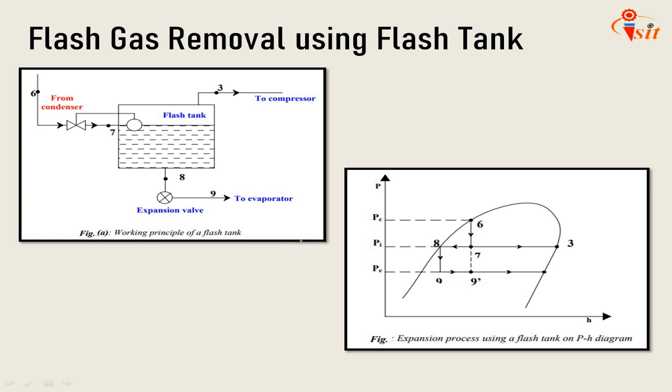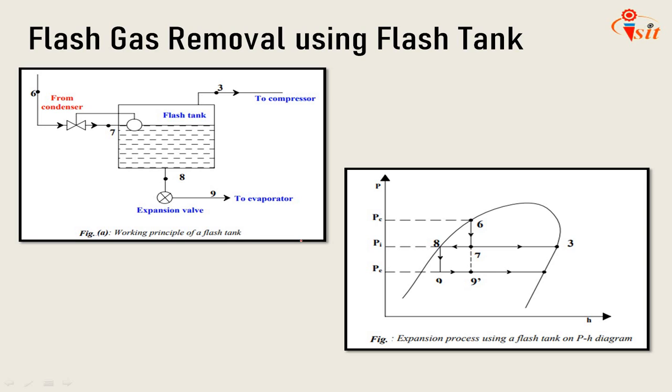Next slide is about the flash gas removal using flash tank. We have already discussed that one of the problems with high temperature lift applications is the high quality of vapor at the inlet to the evaporator. This vapor, called a flash gas, develops during the throttling process. The flash gas has to be compressed to condenser pressure.